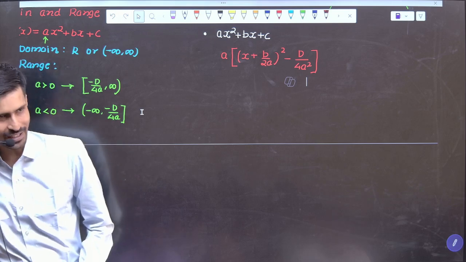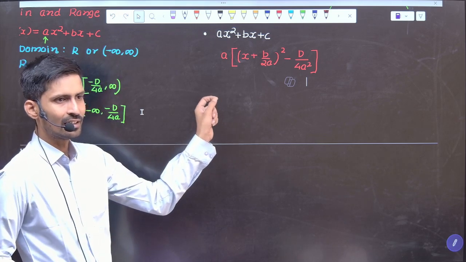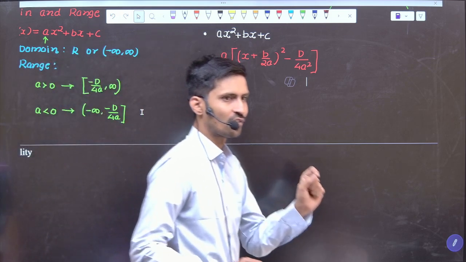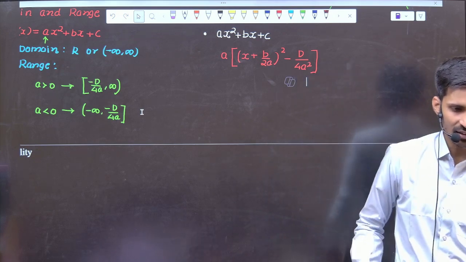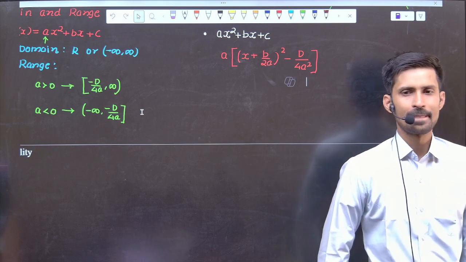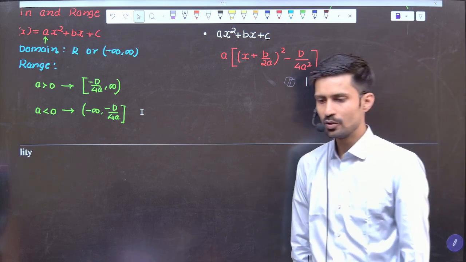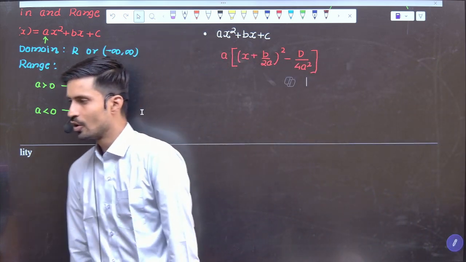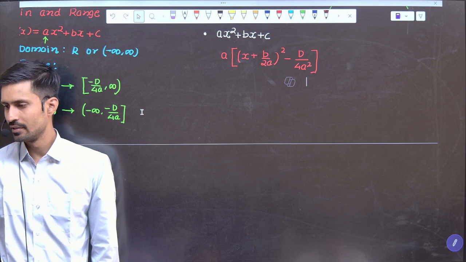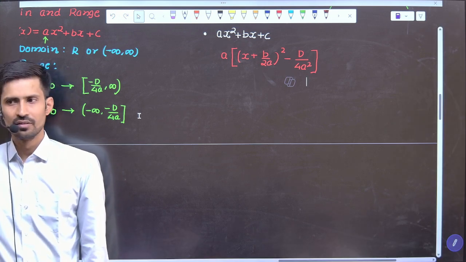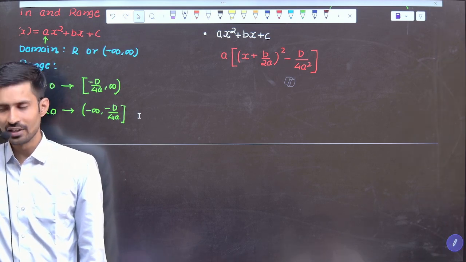Okay. Now say this. Here you will write one point. This formula will be used for finding range of quadratic like function.